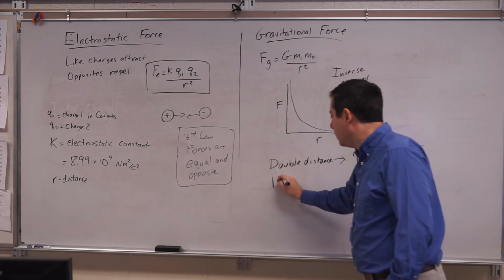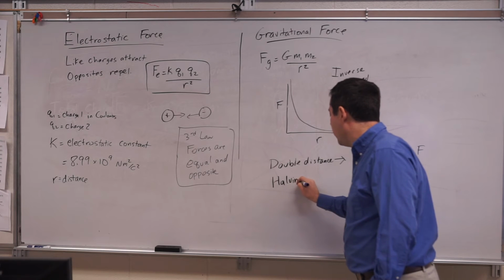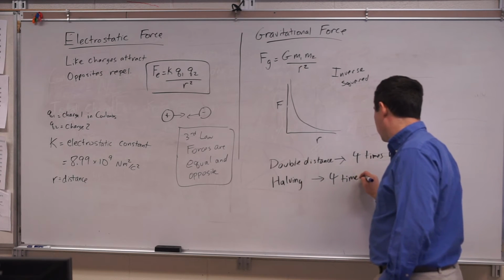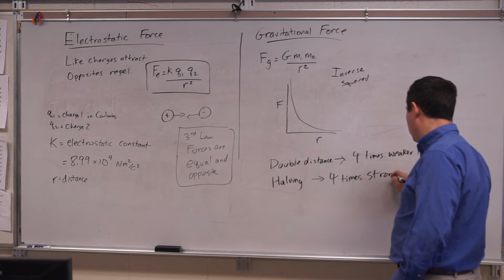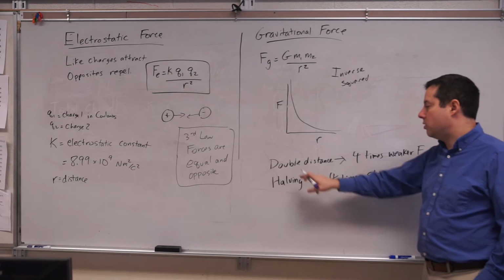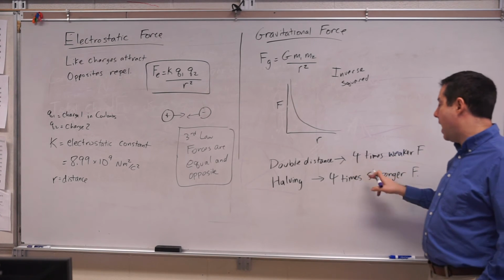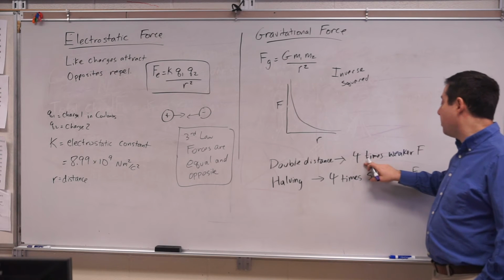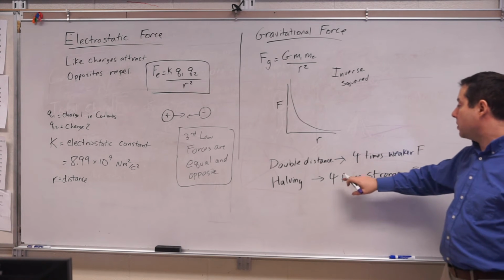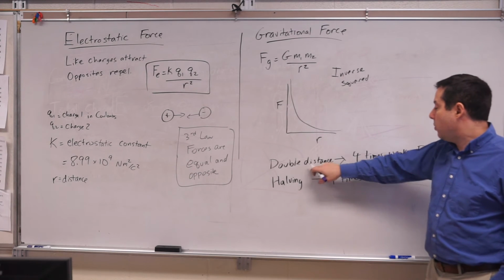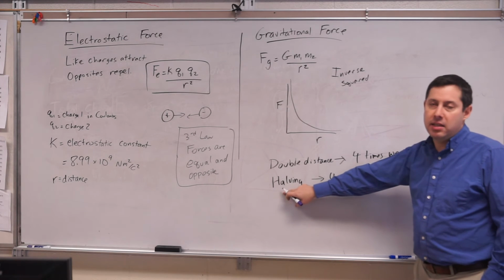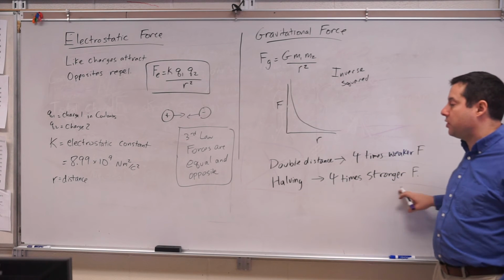Halving the distance, meaning you're twice as close, gets a 4 times stronger force. If you triple the distance, 3 squared is 9, so the force is 9 times weaker. Taking the distance to a third of what it was would give a 9 times stronger force.